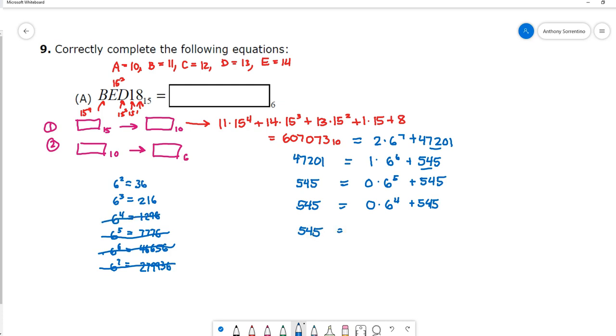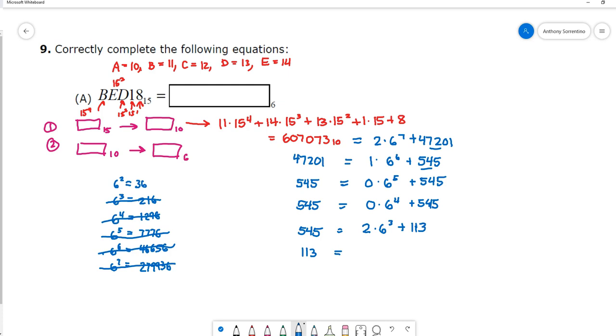Now 6 cubed, I find goes in twice. So I'm going to have 2 times 6 cubed. And if I divide 545 by 216, I get 2 with the remainder of 113. So I bring that remainder down here. I now divide by the 6 squared.